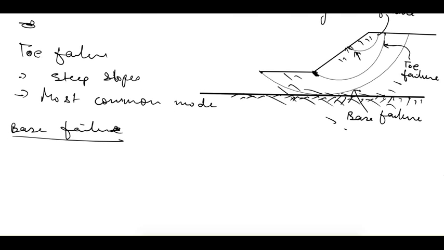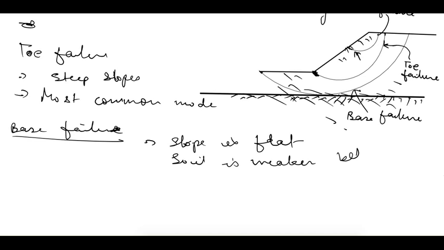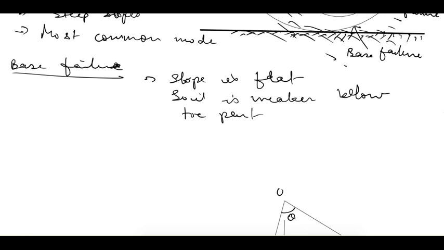Base failure basically happens when the slope is flat and the soil is weaker below the toe part. There are some general guidelines which can be followed.